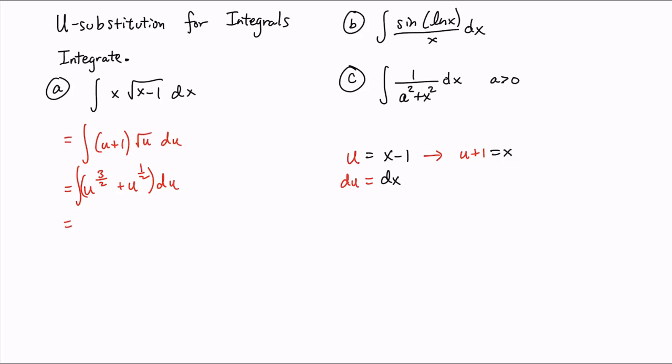Remember, for the power rule, we add 1 to the exponent, and then we divide by the new exponent. So this is 2/5 u to the 5/2, and then plus 2/3 u to the 3/2. Good. And of course, this has to be a family of antiderivatives, so plus a big constant c.